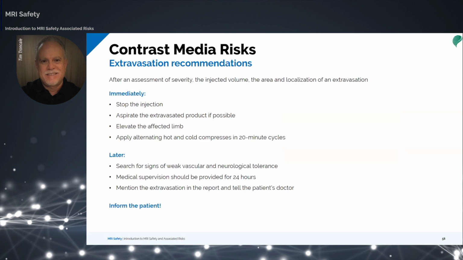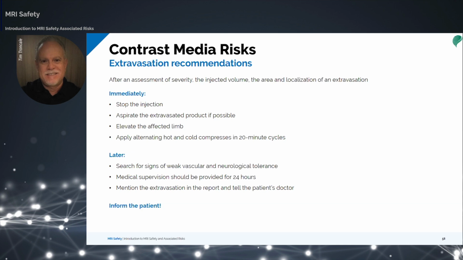The recommended sequence of events if extravasation should occur is to stop the injection immediately, determine how much contrast and possibly saline extravasated, and document this amount if possible. Try to extract or aspirate, but this is not usually possible.